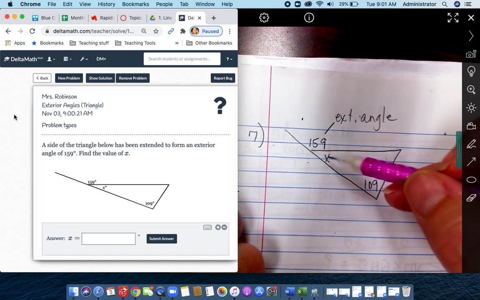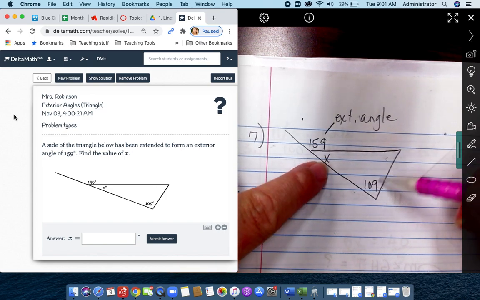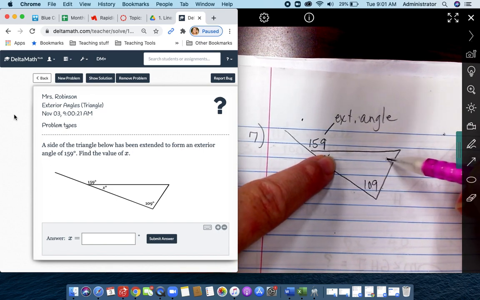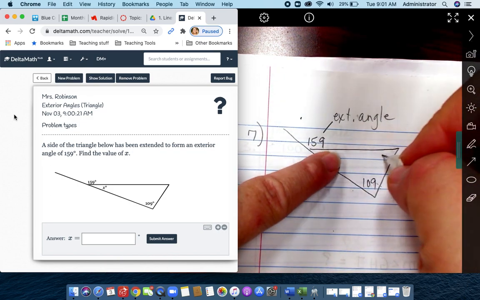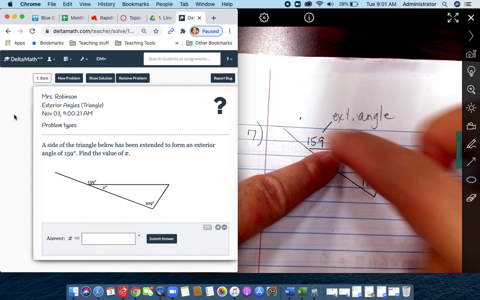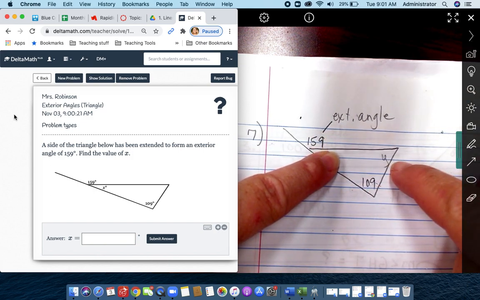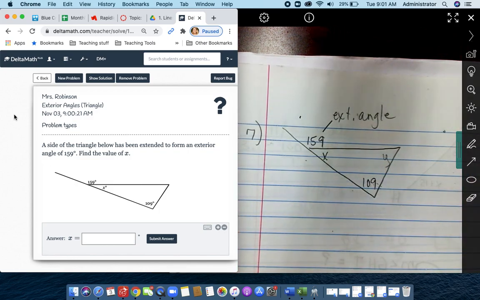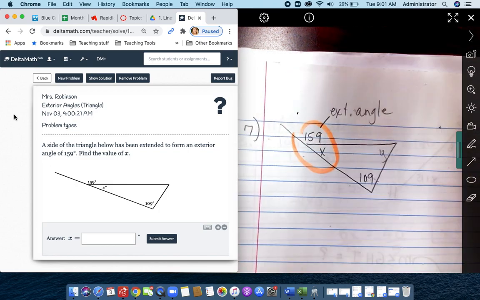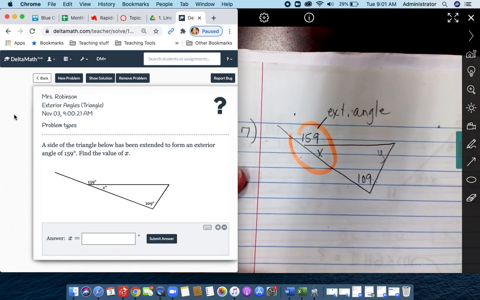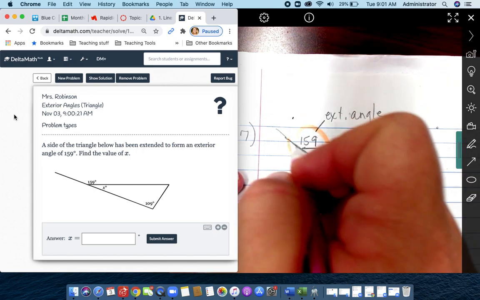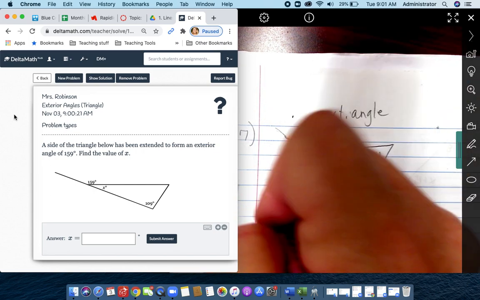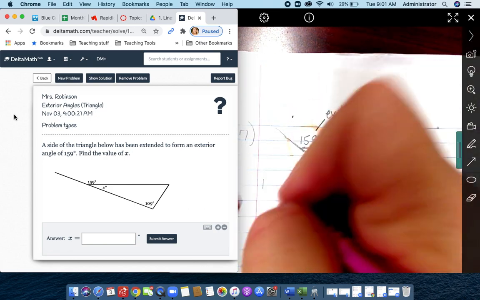Actually, we wouldn't even need the exterior angle. We could use the triangle sum theorem and subtract this from, excuse me, if we think about this, these two add up to 159, so do 159 minus 109 to get y, but that's not the easiest way. So the easiest way is to recognize that when two angles have an adjacent side and the vertex is shared and they form a line, this is a linear pair, which is supplementary.